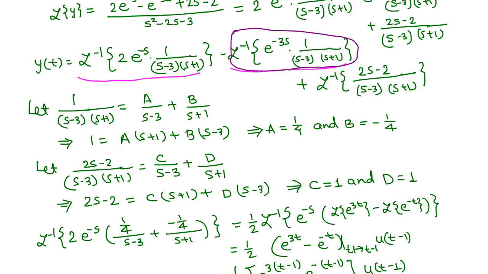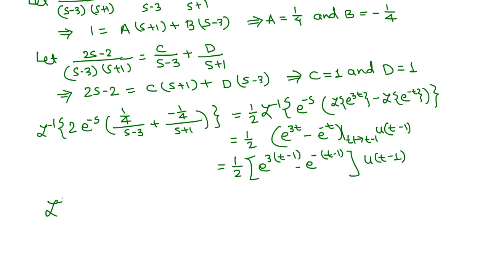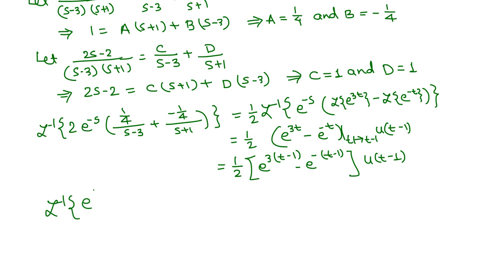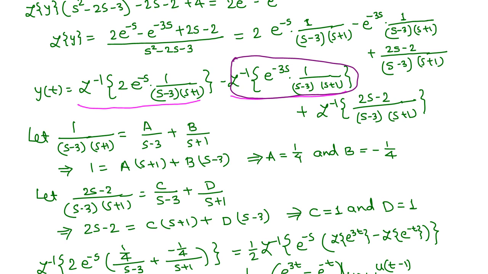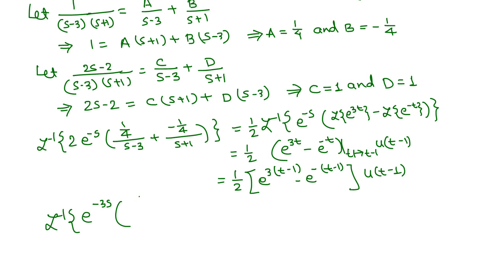The second is the same thing, so let me write over here. The inverse Laplace of e to the negative 3s, and that fraction can be written in the same way. We have 1 over (s minus 3)(s plus 1), that was the first part, so 1/4 over s minus 3 plus negative 1/4 over s plus 1, and 1/4 we can pull all the way outside.